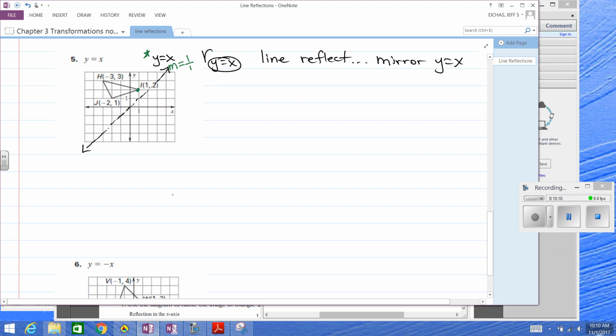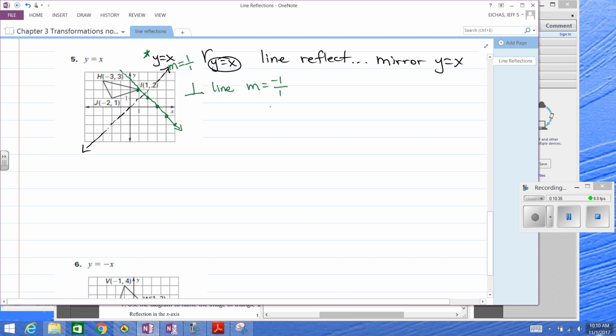From I, if we want to reflect over this line, we're going to have to use a slope that is down 1, right 1. So this path is going to look like this. That is the path that's going to be perpendicular to the mirror. So a perpendicular path or line has to have a slope that is down 1, right 1.